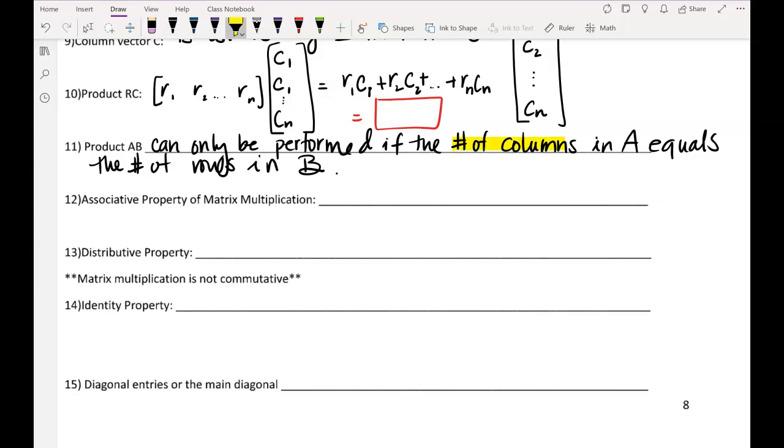The number of columns in A must be exactly the same as the number of rows in B. If that's not true, you may not multiply two matrices.